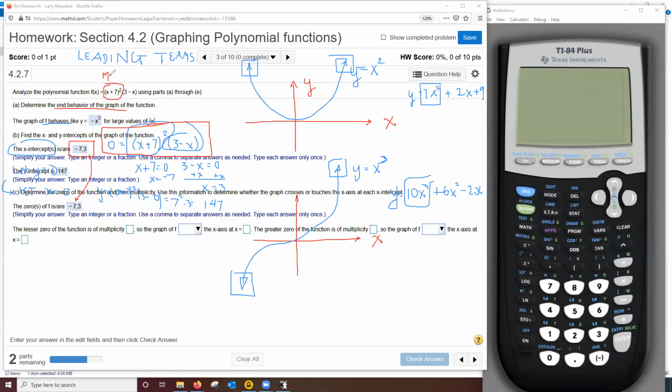So this was the 0 of -7, but it's going to have a multiplicity of 2. This other factor here was a 0 of 3, but I could think of it as having exponent 1, so that's going to be multiplicity of 1.